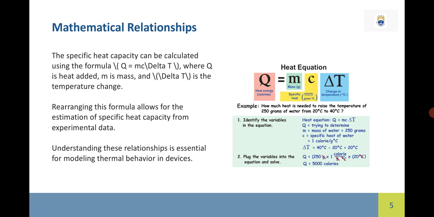Rearranging the formula allows for the estimation of specific heat capacity from experimental data. Understanding these relationships is essential for modeling thermal behavior in devices. Heat equation Q = mc. Q is the heat charge, m is mass, c is specific heat.